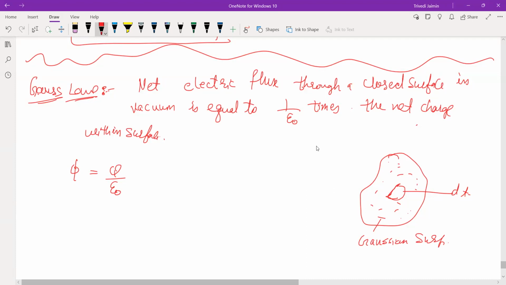See, Gaussian surface, in simple words, let's say an enclosed surface. But actually, see, this is imaginary, okay? It's not real. So we can write here a closed imaginary surface, which is around the charge.